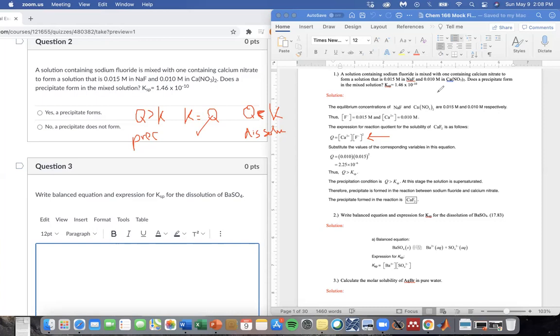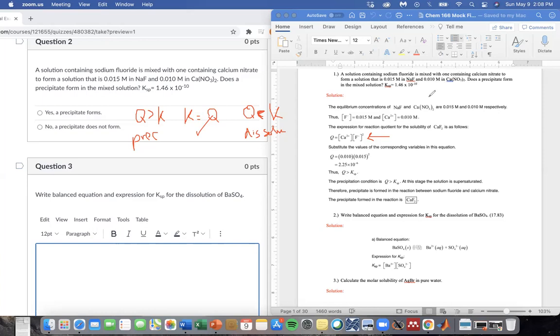In order to know if you have to square something, if you were thinking NaNO3 is your precipitate, then you wouldn't have to square anything, you would just plug those concentrations in. But if CaF2 is your precipitate, then you have to square something. If you remember your solubility rules from last semester, and hopefully it's ingrained in your brain at this point, sodium and nitrate are both super soluble and almost always exist as aqueous within solutions.